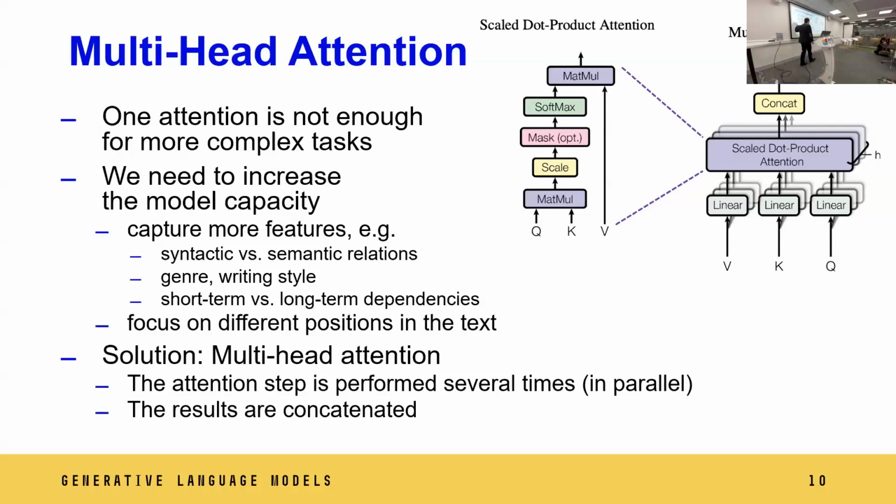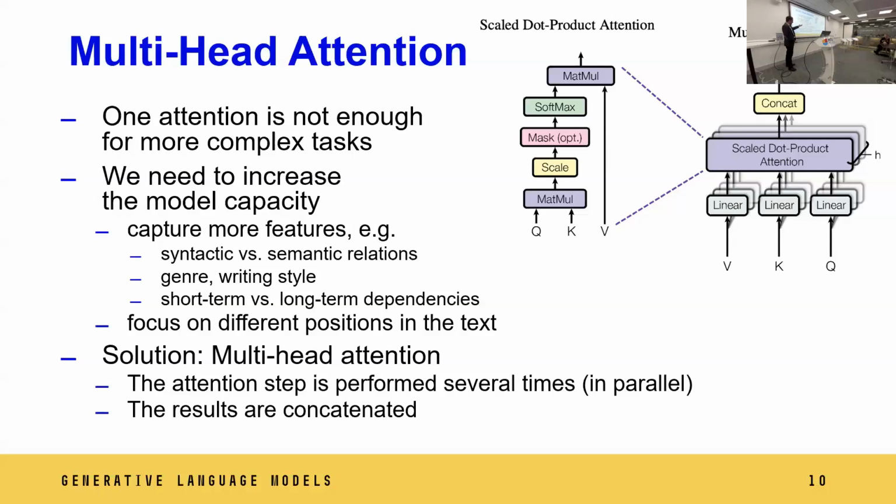So what I just explained happens several times, hundreds of times. So there are several heads. All of them produce the attention, the matrix multiplication with keys, queries and values.